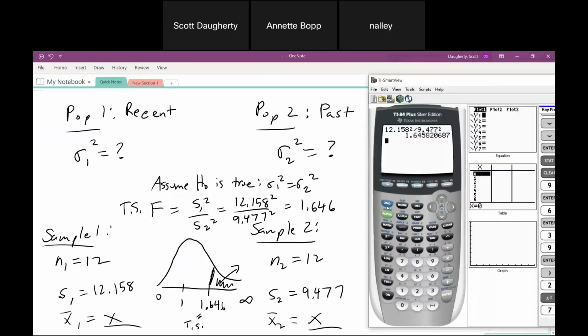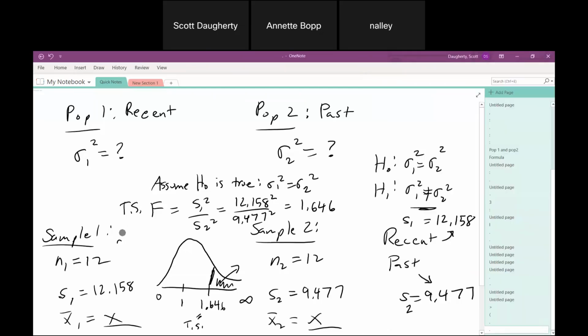Go to distribution, FCDF. From 1.646 up to infinity. And now your degrees of freedom would be 11 in both cases, right?